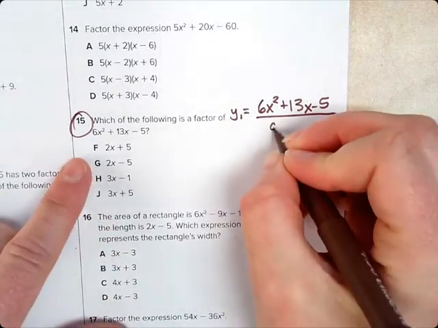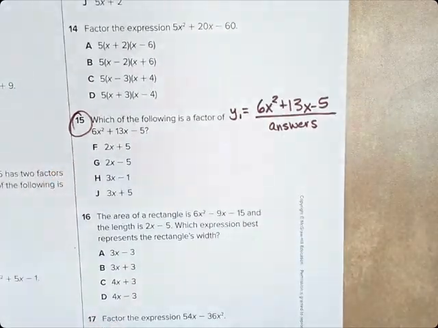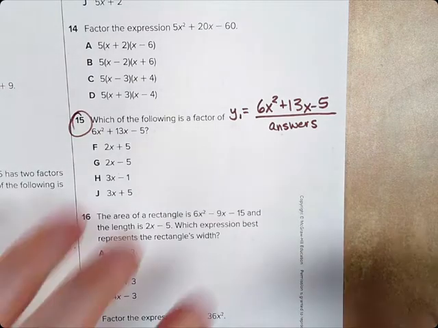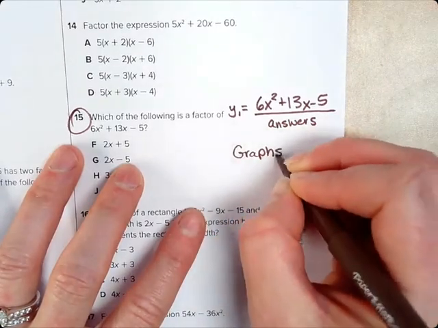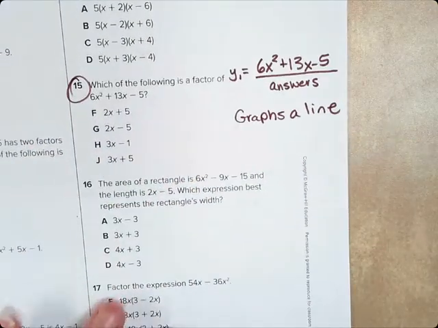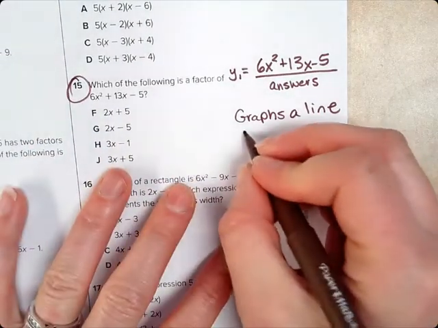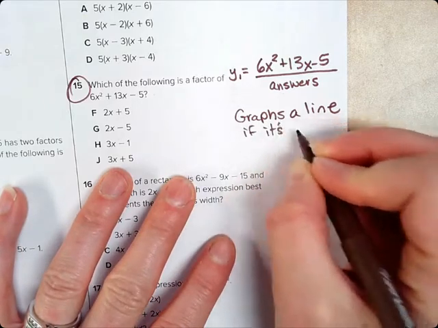So we're going to put our answer choices here. And what we're going to look for, if I take a trinomial and divide it by one of those factors, when it graphs, it'll be a line. If it does not graph a line, then it is not a factor. If it's a line, it's a factor.